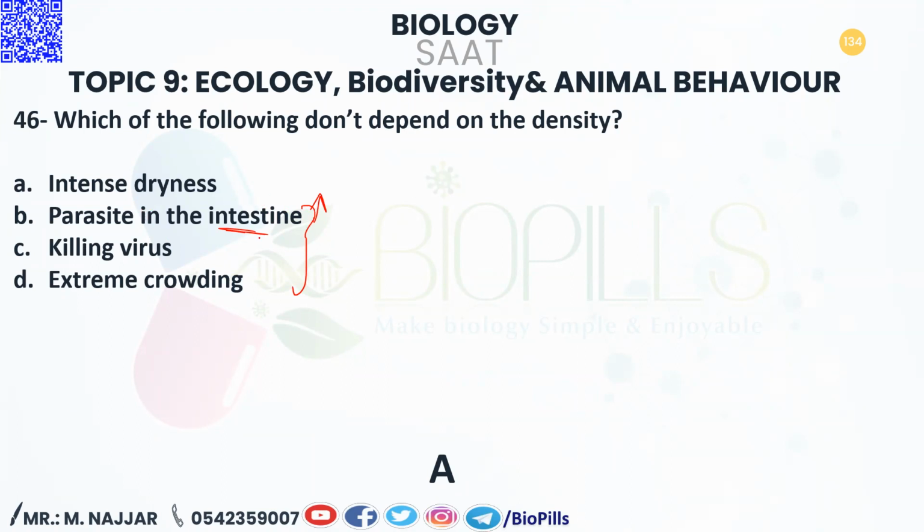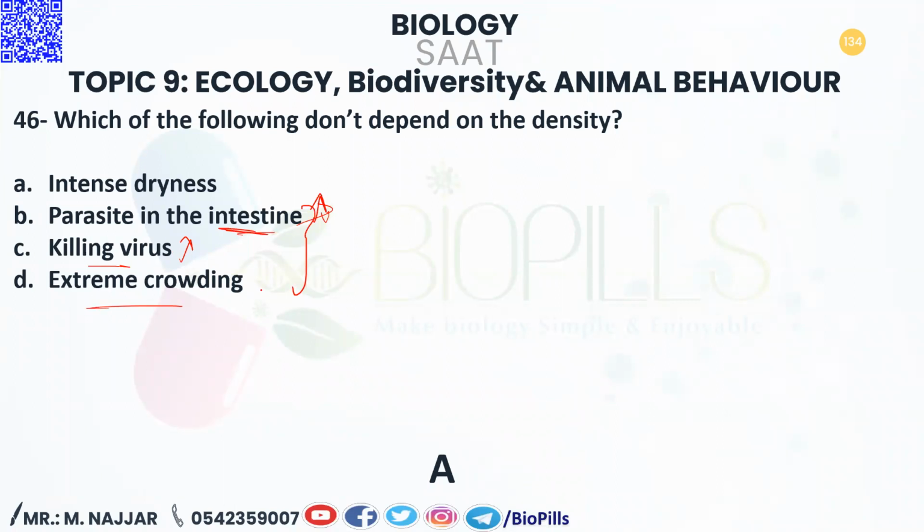Imagine that there is a parasite in the intestine and there is a high density of the population. It will be spread throughout them. If you have a killing virus and they are crowded and the density of the population is very high, it will most likely spread very fast and limit their population growth.